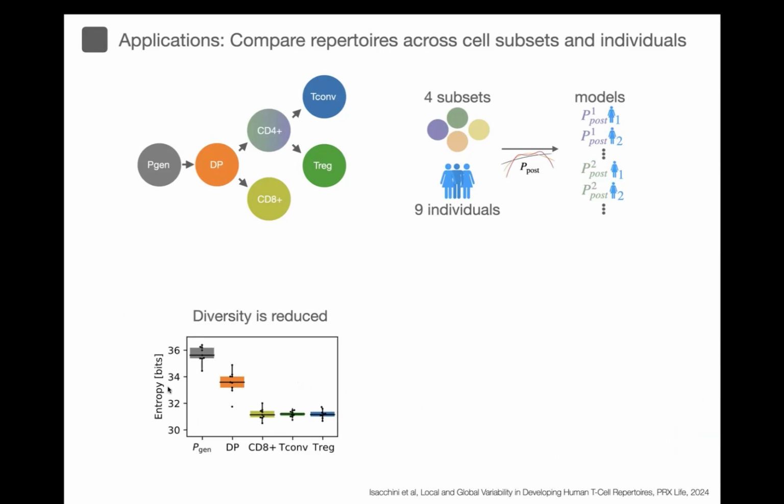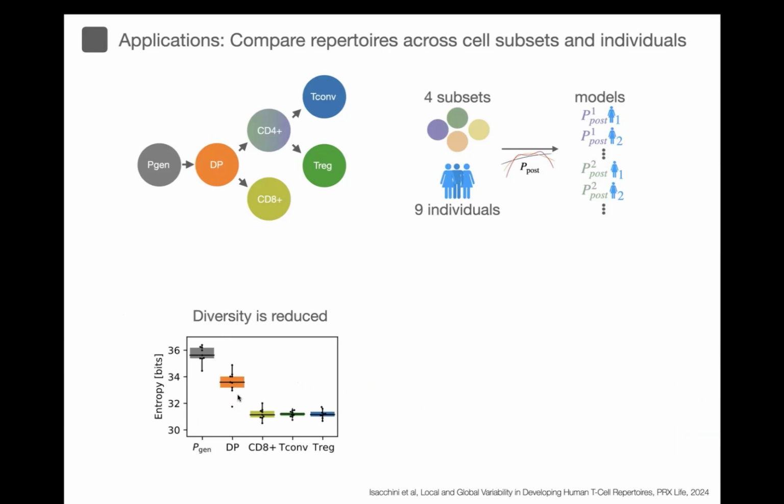Here I'm computing the diversity using the entropy, which is really the entropy of the model. That measures how many unique sequences we could generate from this model. We know that starting at the level of VDJ recombination, we have the highest diversity.